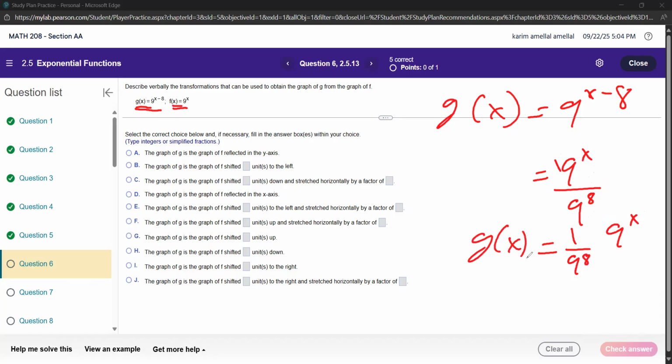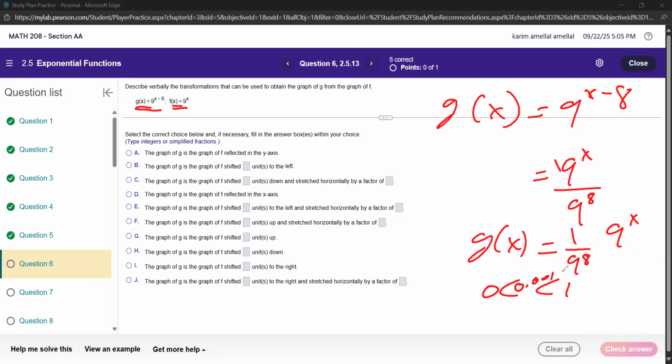1 over 9 power 8 will be a number less than 1 and greater than 0, because 9 power 8 is a huge positive integer, and 1 divided by this integer becomes a number like 0.000 whatever 1.